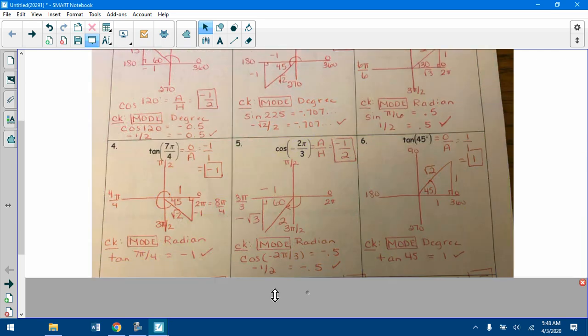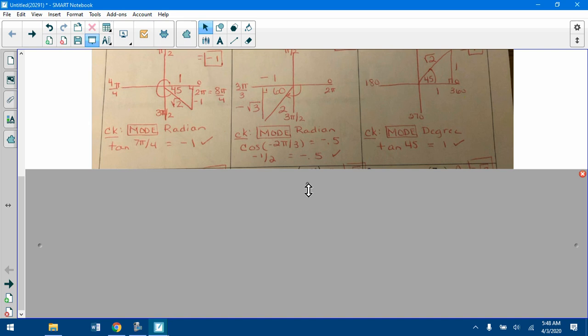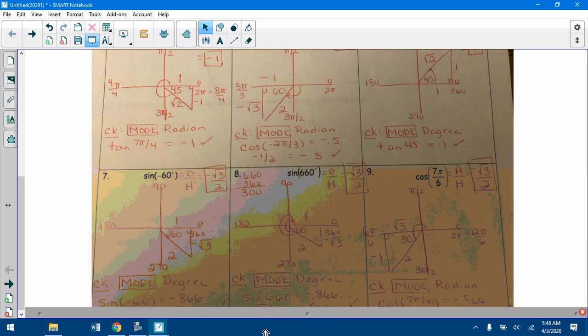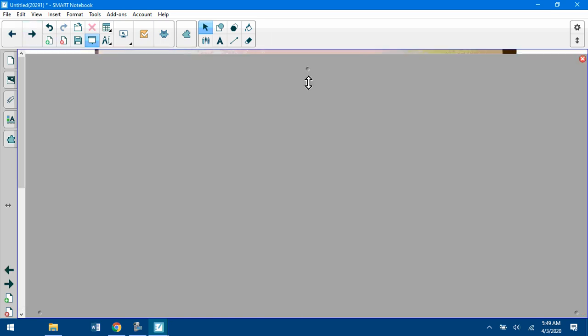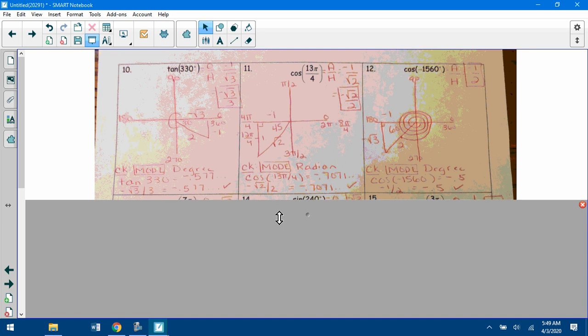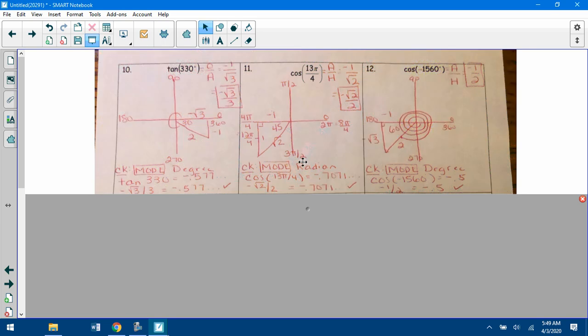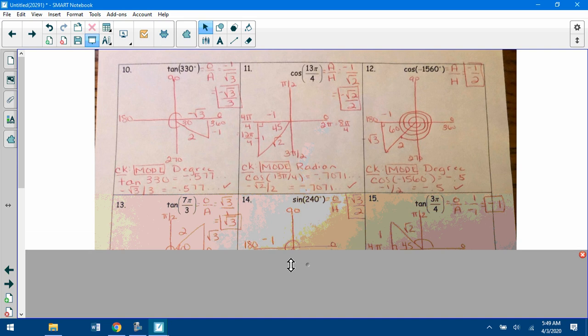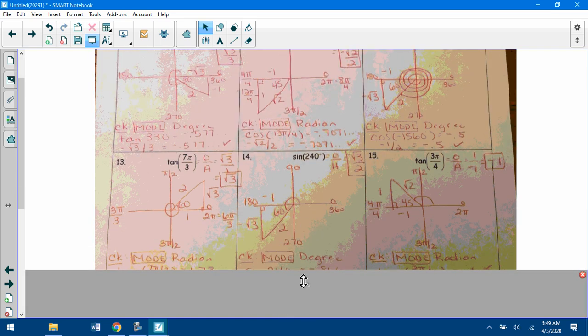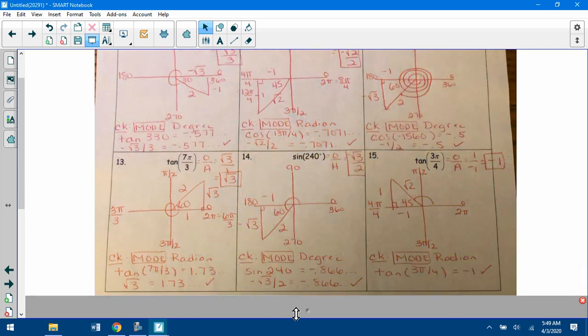Here's 4, 5, and 6. 7, 8, 9. Over on the back, there's 10, 11, 12. 13 through 15.